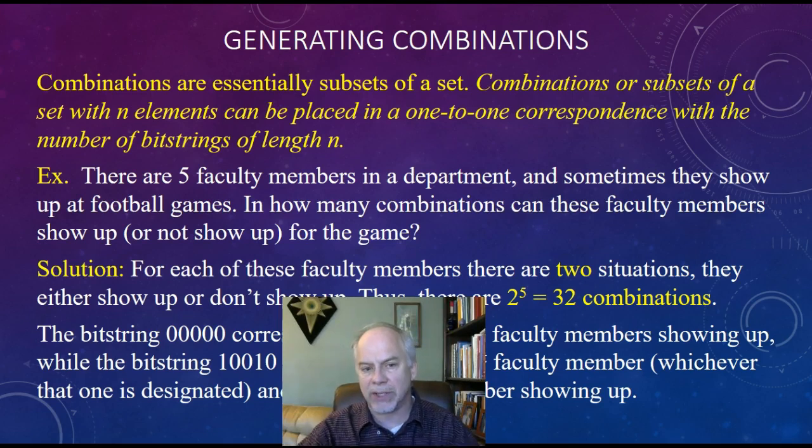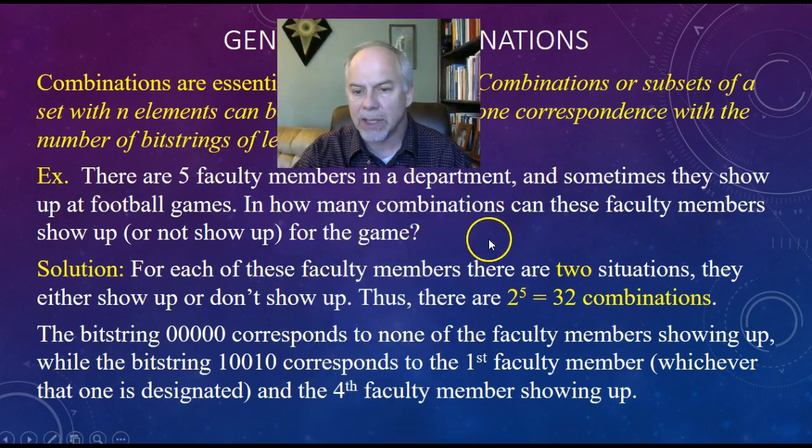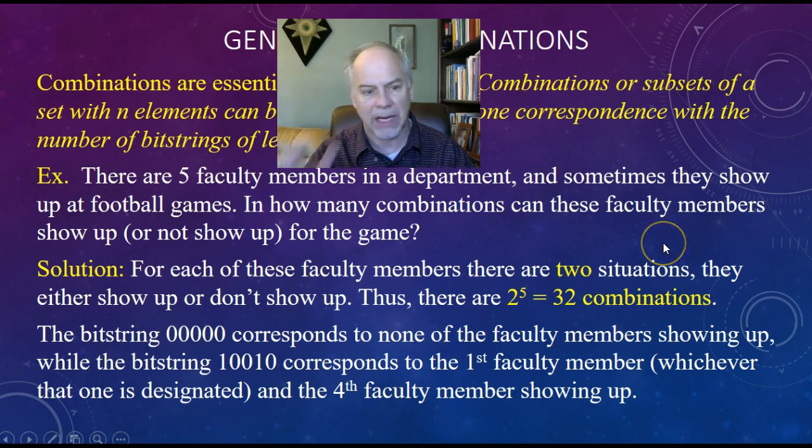So the question is, in how many combinations can these faculty members show up or not show up for the game? Okay. So for each of these faculty members, there are 2 situations. They either show up or they don't show up. Thus, there are 2 to the 5th power, or 32 combinations of these coming or not.